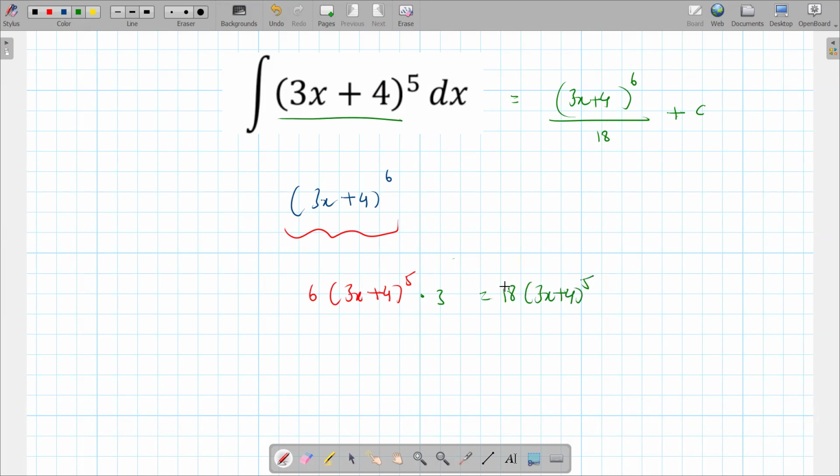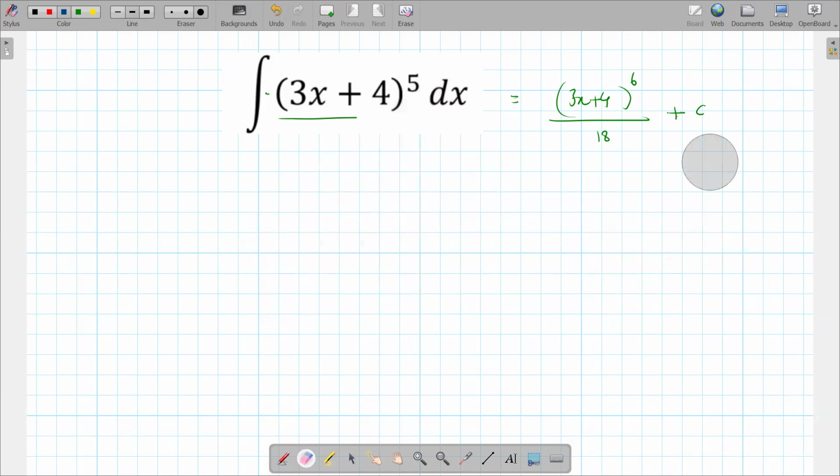But in this question, there is no 18 here, okay? But we have an 18 here. So we need to multiply it by something to get rid of that 18, which is 1 over 18. Okay, that makes sense. Then you'd be left with this. That's what they have there, okay? That's one way of thinking about it.